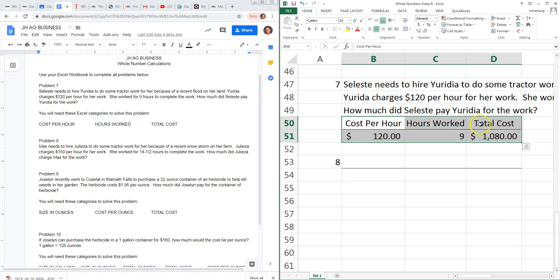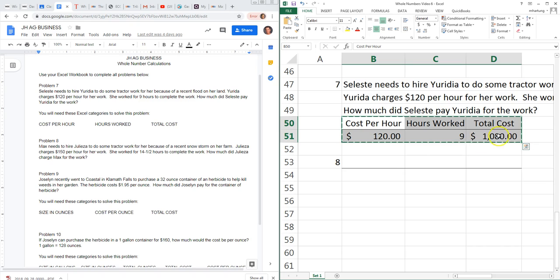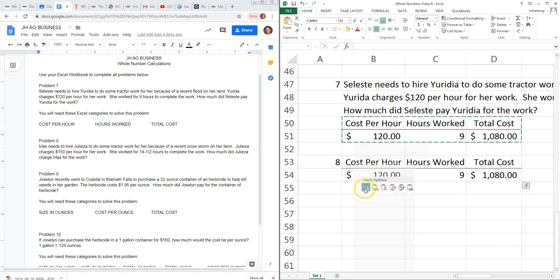So I can select it, right-click, copy, and then come down here, right-click, and paste. This time, instead of $120 per hour, it is $150.